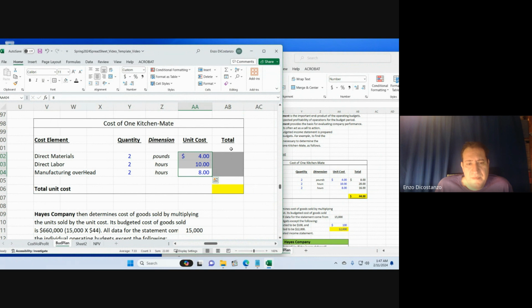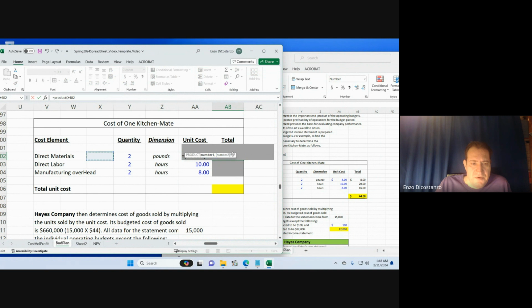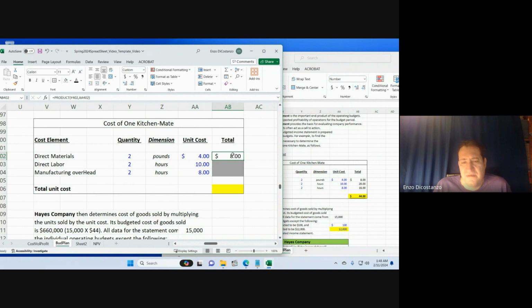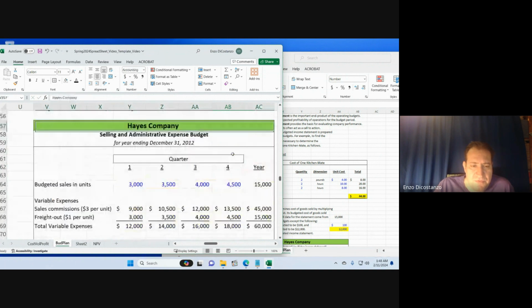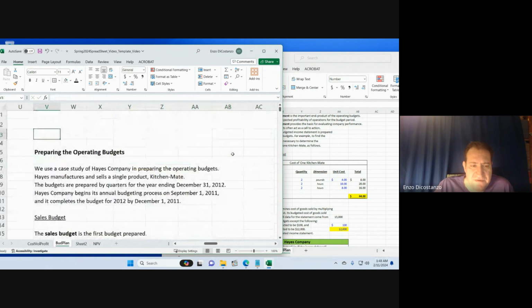All right. So what you do with these, now again, you want a total unit cost. You're going to say equals product. You need whatever it is, 2 pounds, right? Also, and you could check this 2 hours, 2 hours. Okay. You want to go through and assure yourselves of that also.